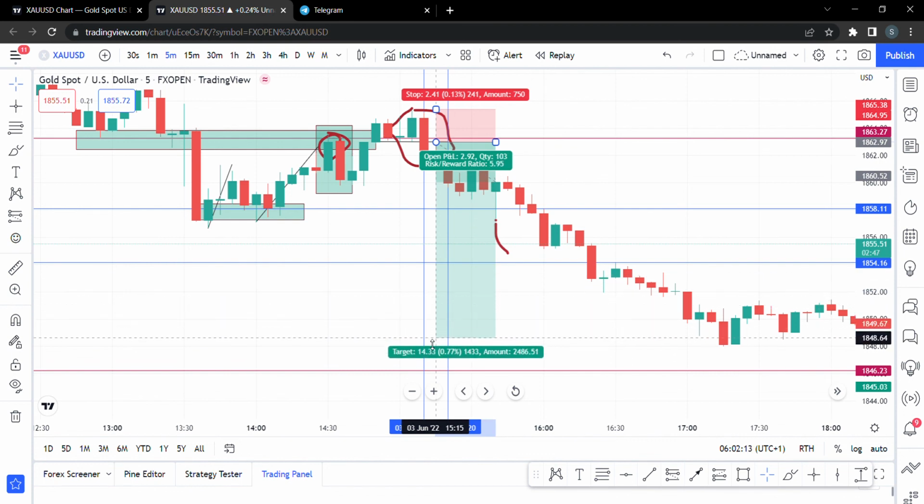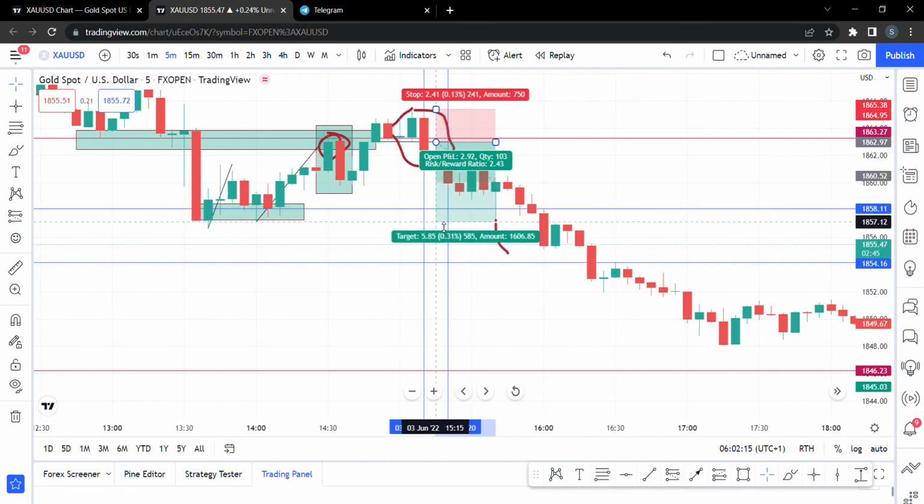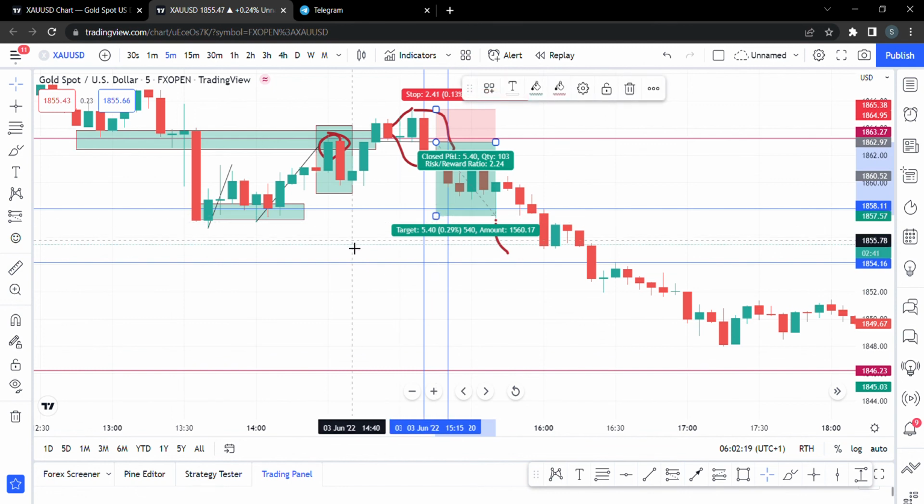Look at that. So for now, stick to the normal rules. Stop loss above this M structure. Minimum targets should be at the previous support or the previous resistance.